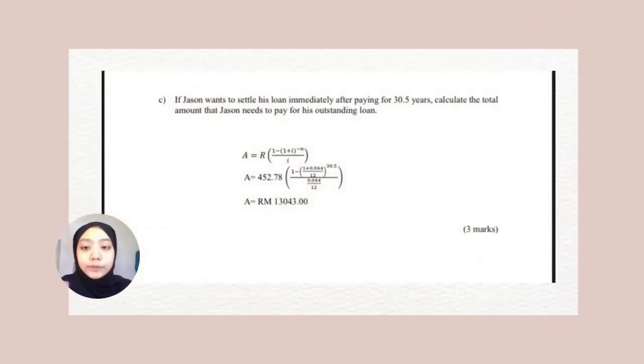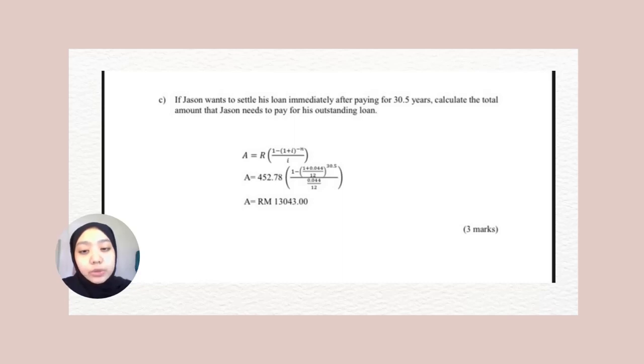Question C. If Jason wants to settle his loan immediately after paying for 30.5 years, calculate the total amount that Jason needs to pay for his outstanding loan. So we need to use the formula A, which is A equals R[1 - (1 + i)^-n]/i.